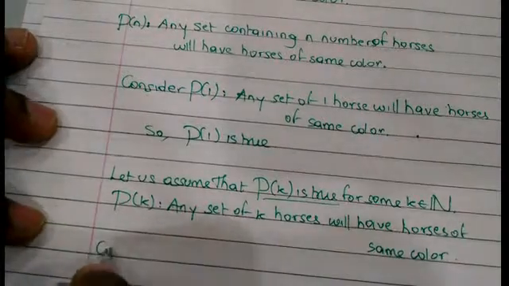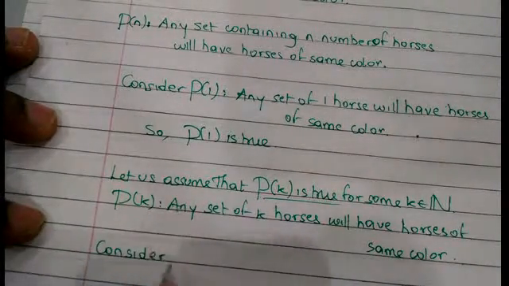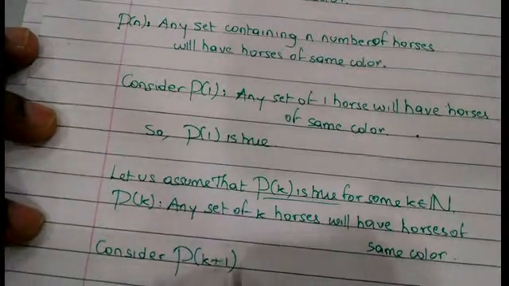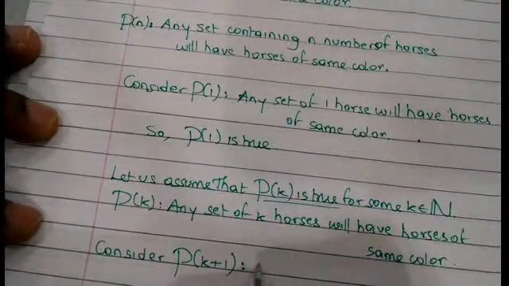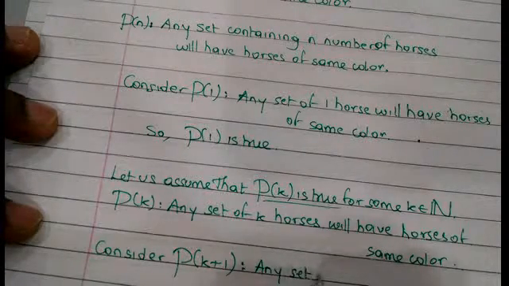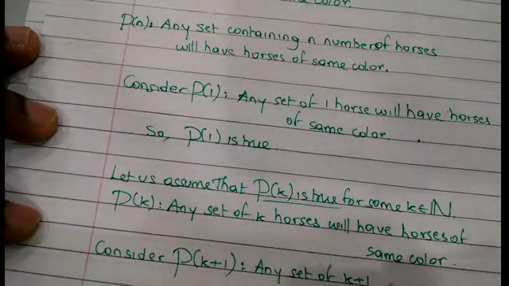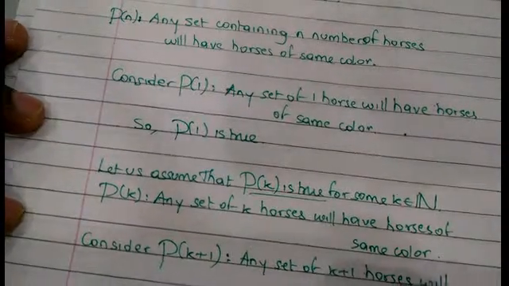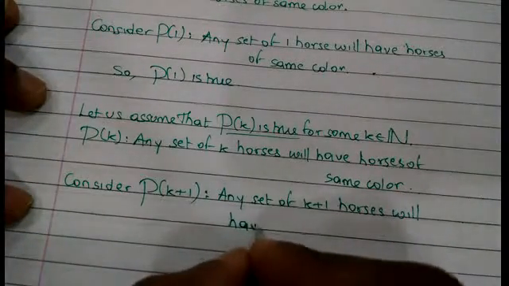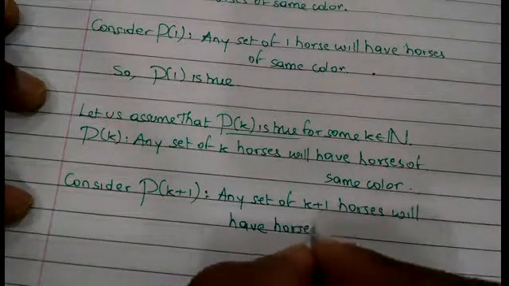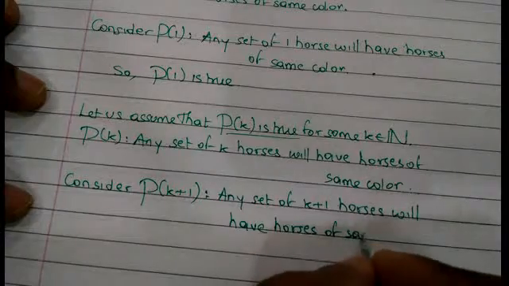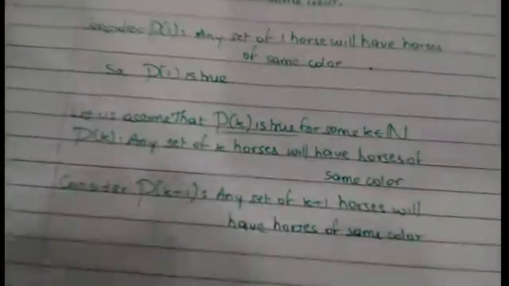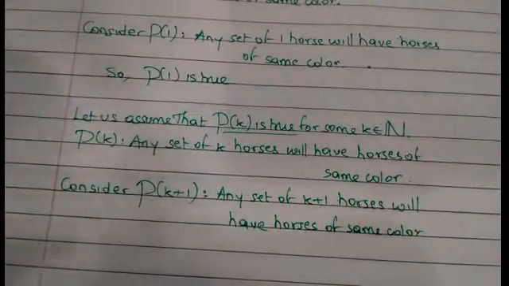So consider P of k plus 1, and the statement is any set of k plus 1 number of horses will have horses of same color. Now we are not assuming anything about P of k plus 1. We are going to prove that it is correct.